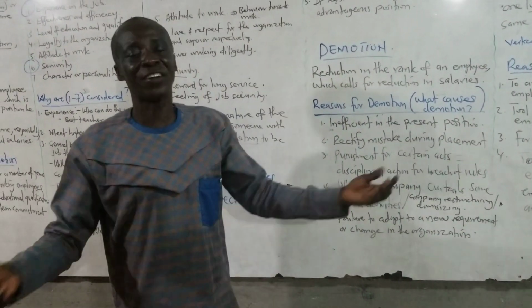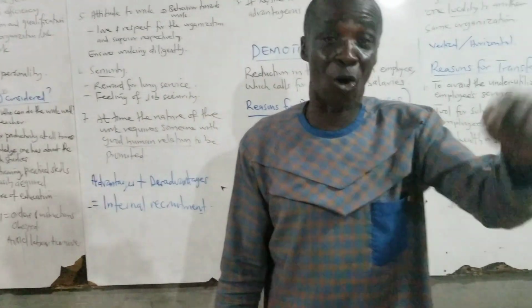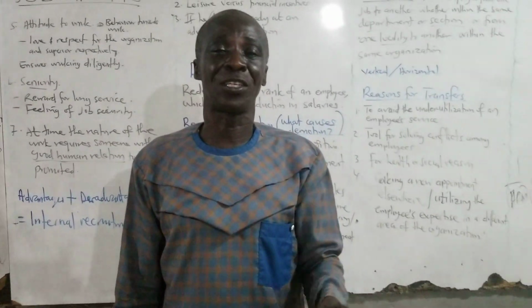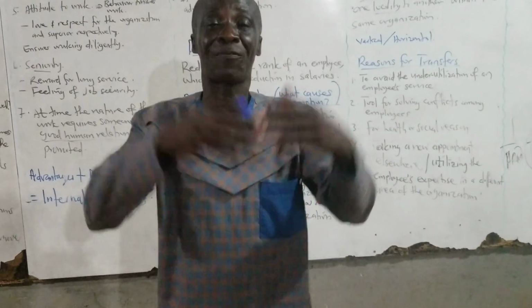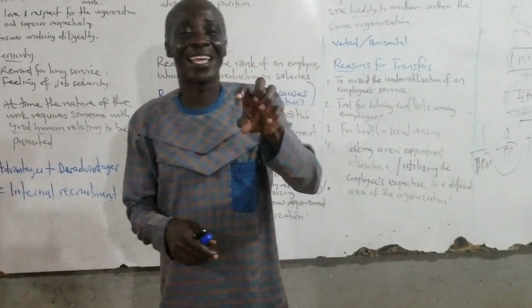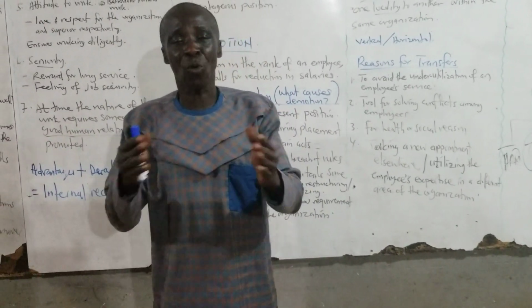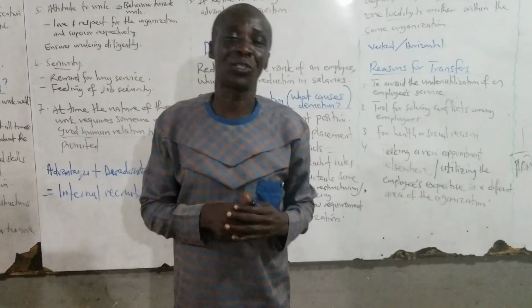Then the third one, very simple, straightforward. You see, there are some people occupying a lower position, or a lower rank. But they think that that position is more advantageous than the higher one. The kind of things he gets there, he wants to remain there rather than move to a higher position.